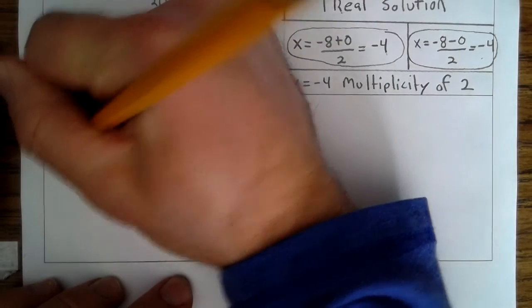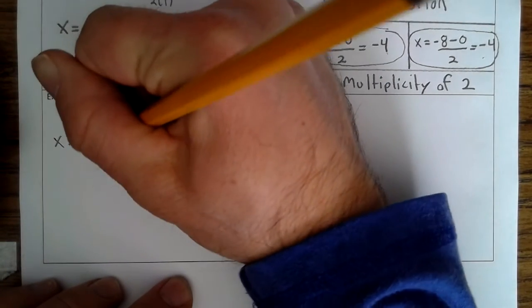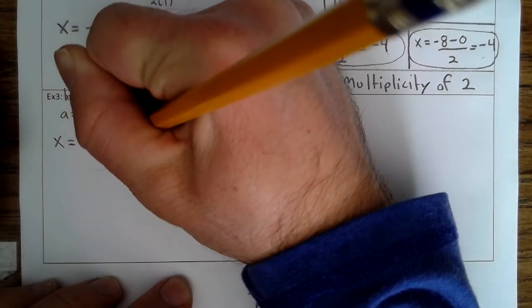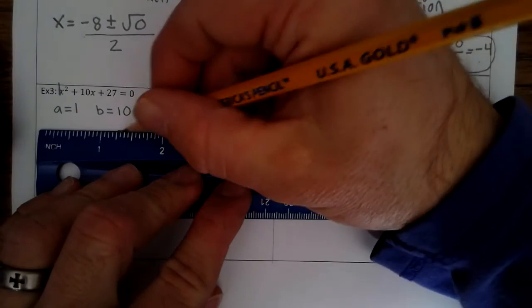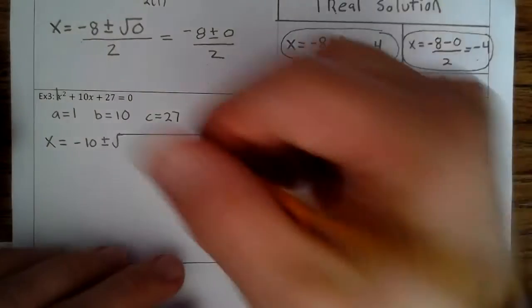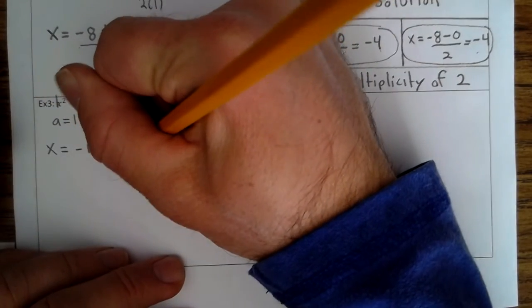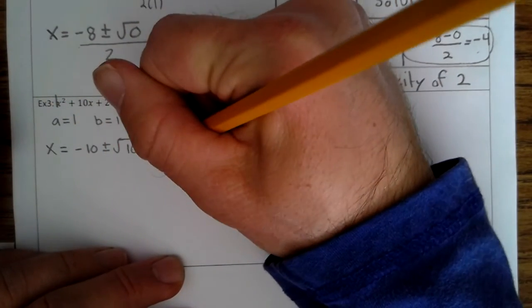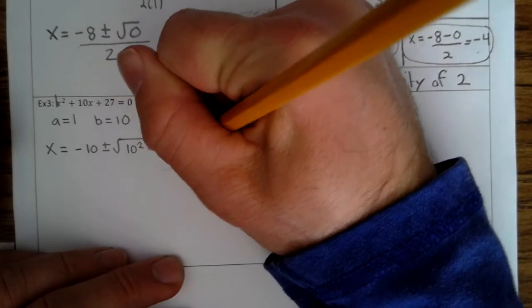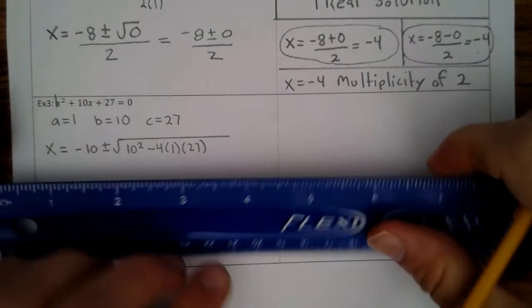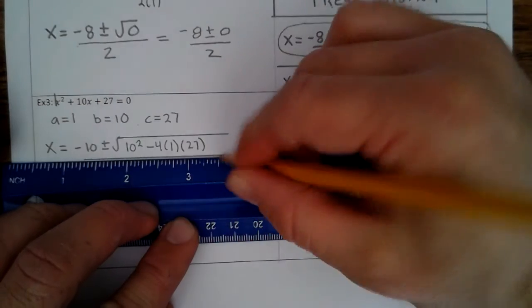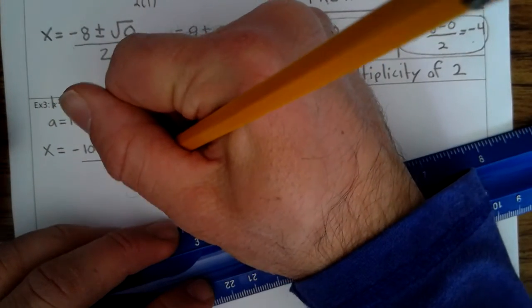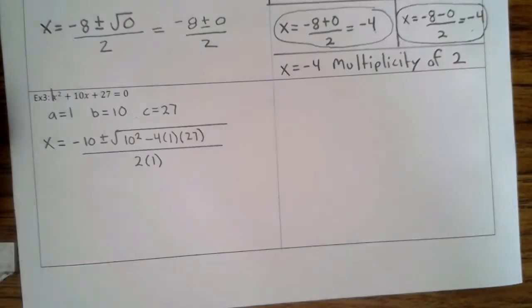So x equals negative b, so negative 10, plus or minus the square root of 10 squared minus 4 times a, which is 1, times c, which is 27, divided by 2 times the a value, which is 1.